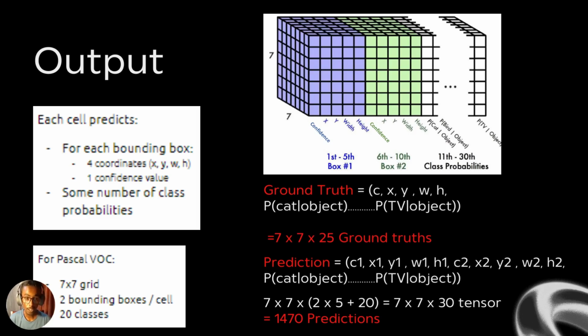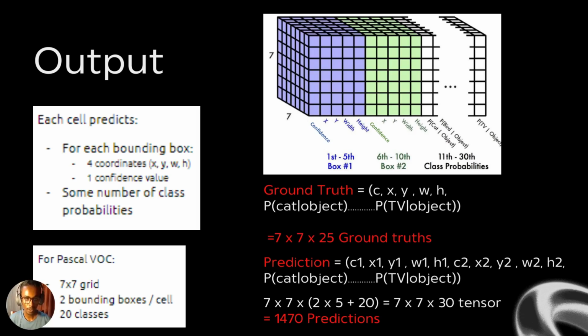And for the prediction bounding boxes, we're going to have 2 bounding boxes per cell. Remember at the beginning of the video, we said that we used 2 bounding boxes per cell. So each bounding box is going to have its own center coordinates and width and height. For the first one, we're going to use C1 as a confidence score, and X1, Y1, W1, and H1 will be the coordinates for the first bounding box. And we do the same for the second bounding box.